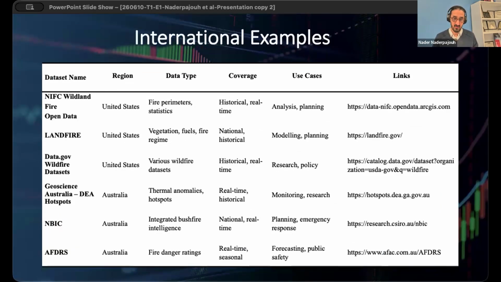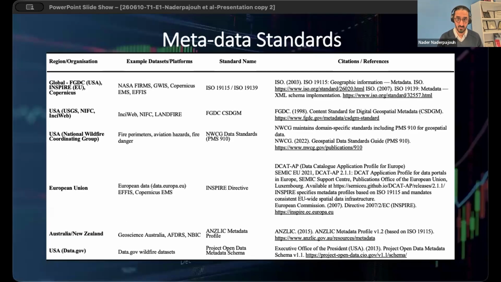Since this project was conceived, there have also been some national initiatives. For example, NBIC, AFDRS, and Geoscience Australia have also started their databases. So in some of the discussions we will see how effectively we move from the stage that we are in. Rafi will go into details on this, but there are these international examples.